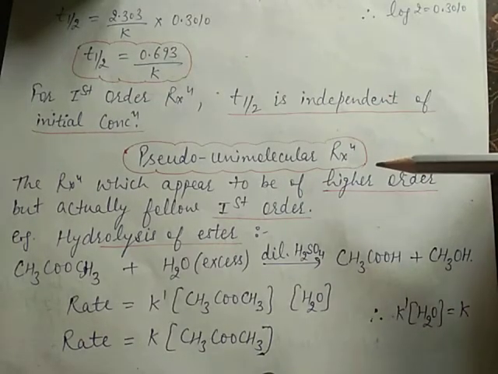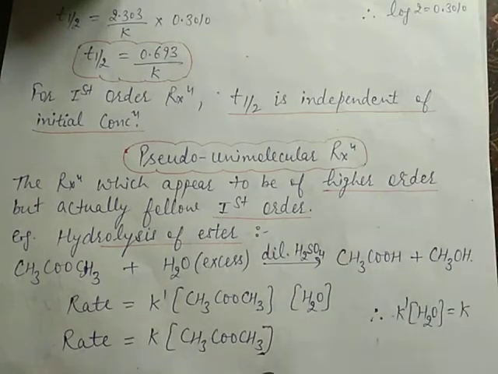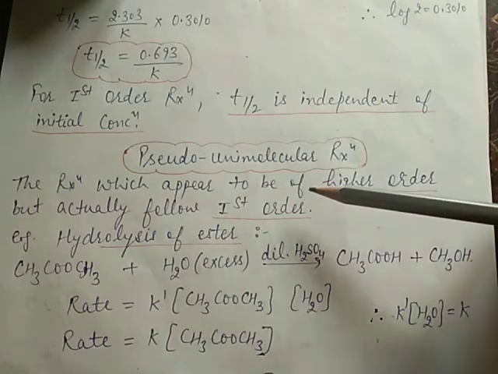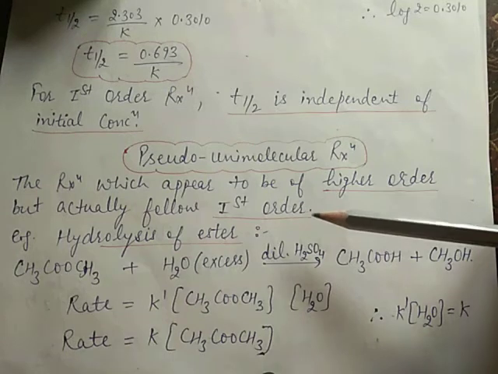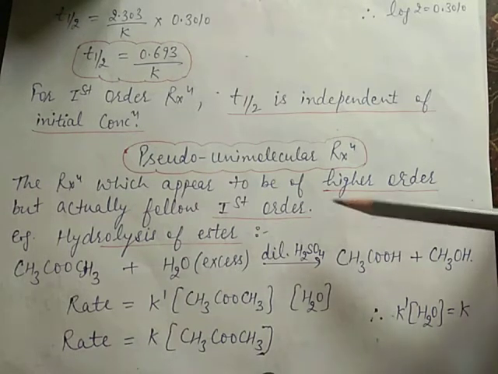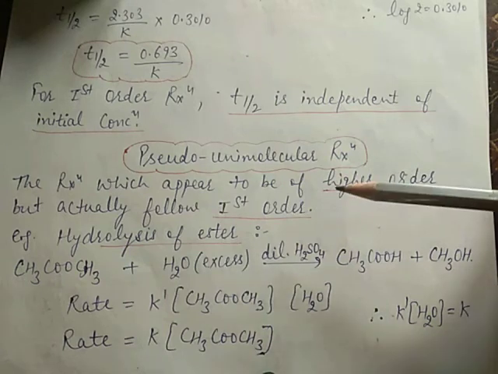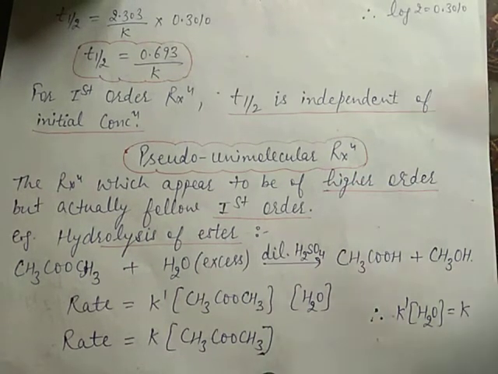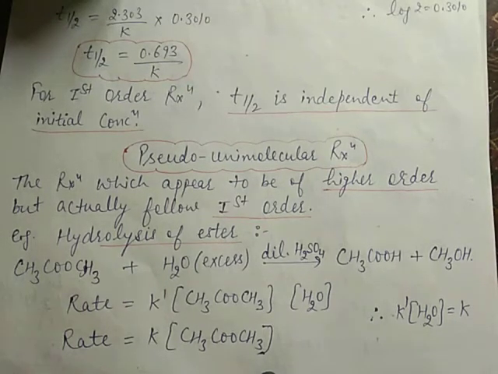Now the next topic is pseudo-unimolecular reaction. A reaction which appears to be of higher order but actually follows only first order. We can say that it is a reaction which is not truly of first order, but under certain conditions the reaction becomes first order.